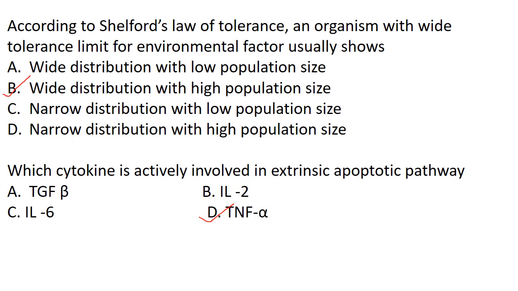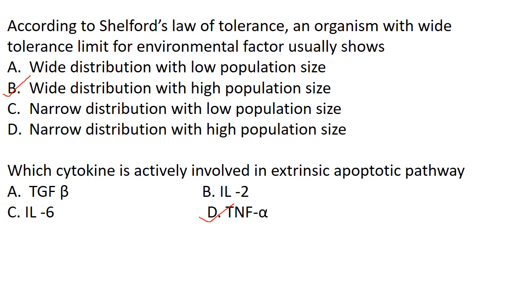The next one. According to Shelford's law of tolerance, an organism with wide tolerance limit for environmental factors usually show. So according to this law, species that are able to withstand high stress usually have greater area of distribution and larger population.